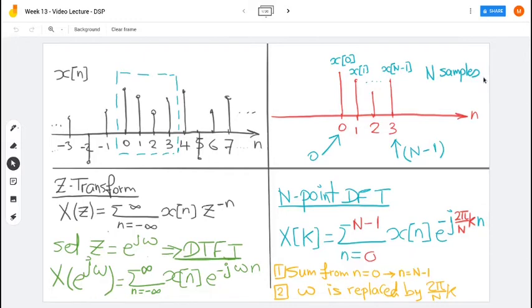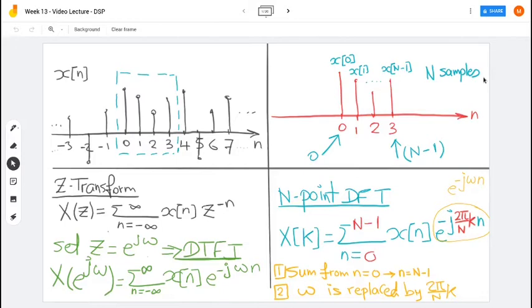And as you can see over here, if you compare this expression with e to the negative j omega n, the expression we have in computing the discrete time Fourier transform, the main difference is the definition of the frequency.